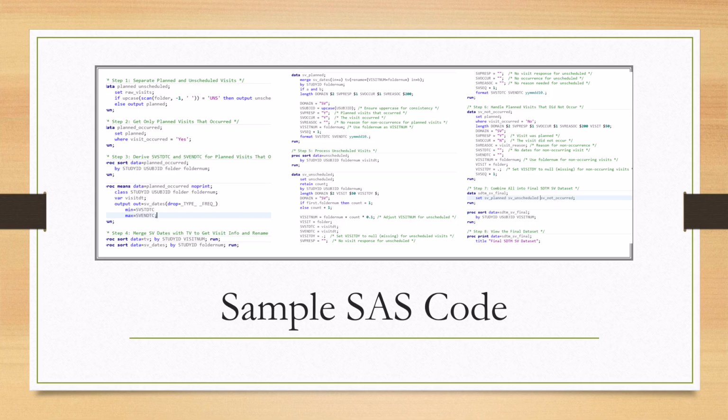So how will you identify which two planned visits this unscheduled visit falls between? And this situation will be more critical when you have more than one unscheduled visit happening between two planned visits, and the date of observation is partial for such unplanned visits. So how will you identify?